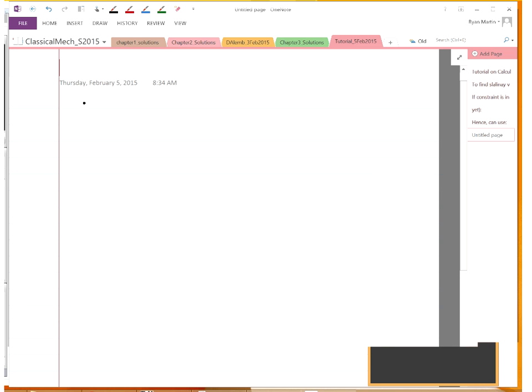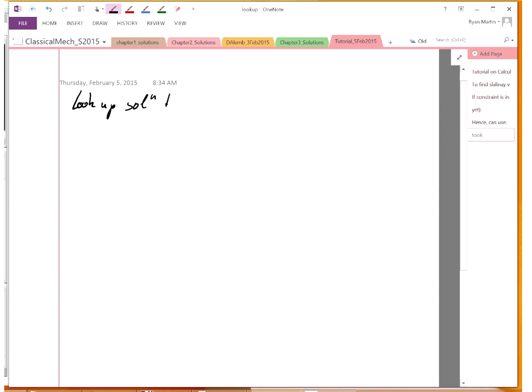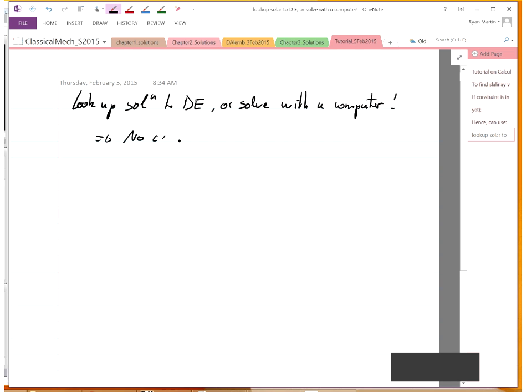Okay. So you can look up the solution, or solve with the computer. Turns out there is no closed form for that particular solution.